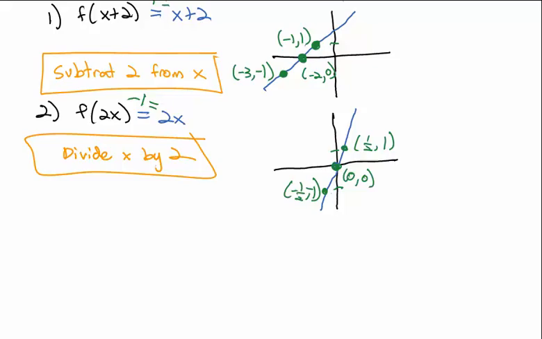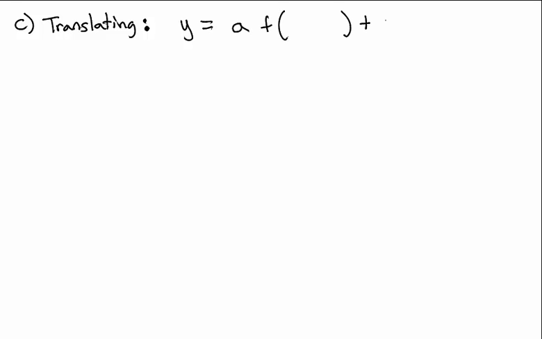And so to help us see that opposite, we come up with our translating rule here. Really generally, if y equals some number times the function plus a number, and then inside the function we multiply and add. So y equals a times f of cx plus d, adding b to the whole thing.